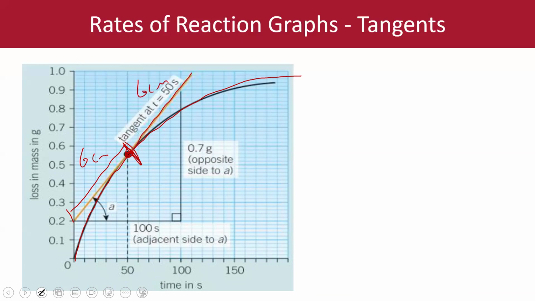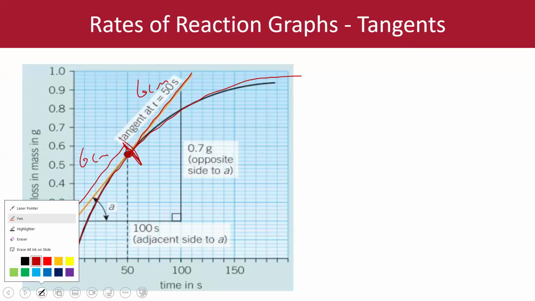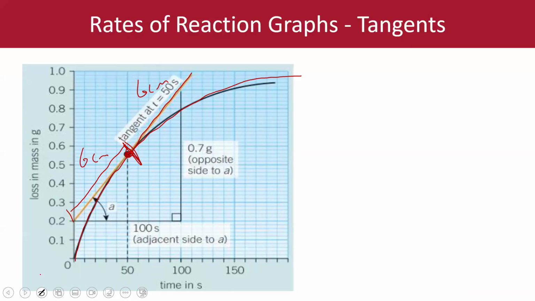I would make sure that the length below the point where my tangent touches the curve and above where my tangent touches the curve is the same. And then at the ends of the tangent, I would make sure that the distance from the end of the tangent to the curve is also the same.